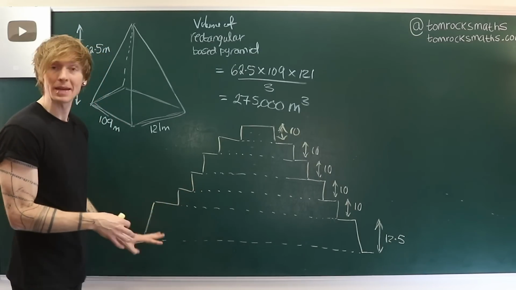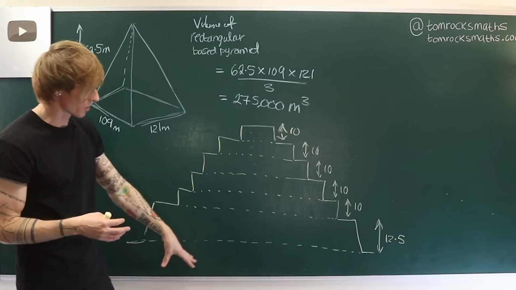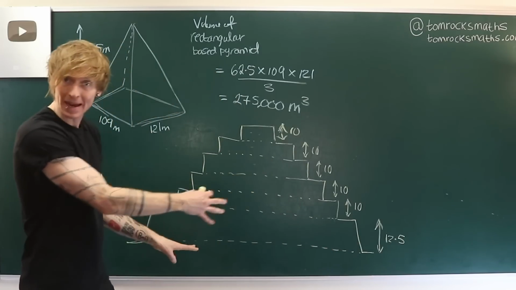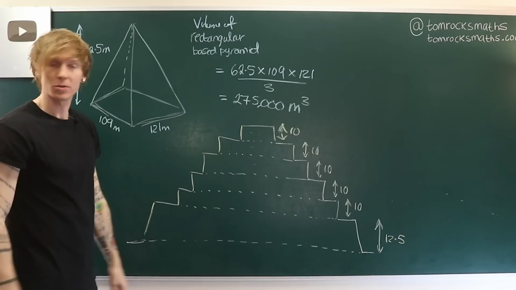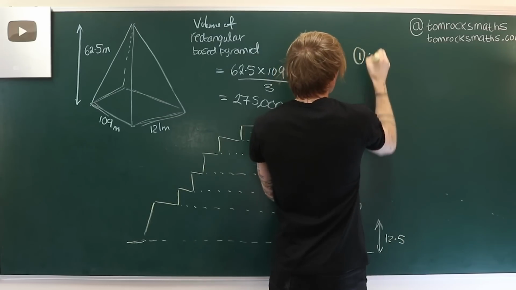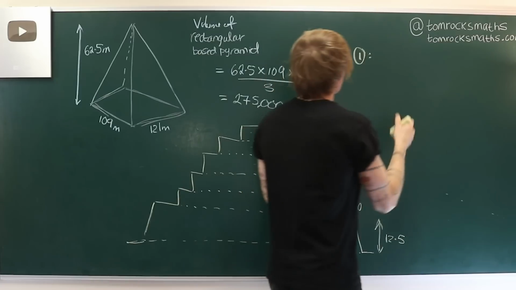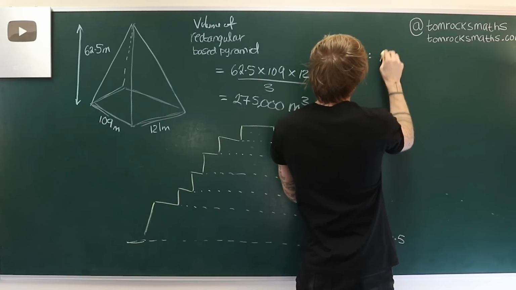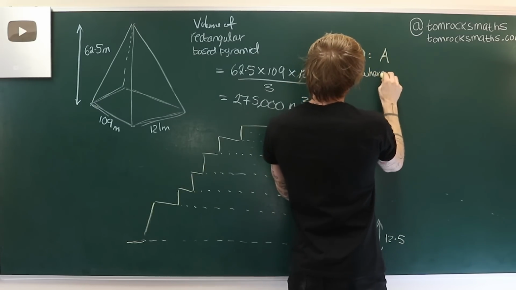So for the bottom piece, we know that we have a cuboid shape, and we also know the area of the base because it's unchanged. It's still 109 by 121. So if we say cuboid 1, meaning the one on the very bottom, level 1, then we know that that is, let's call it A, where A is the standard base size.